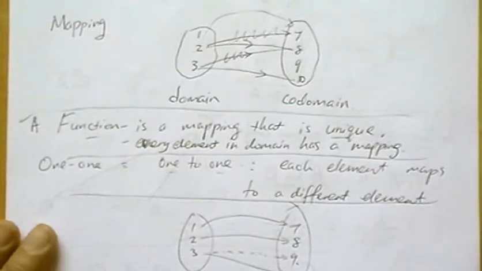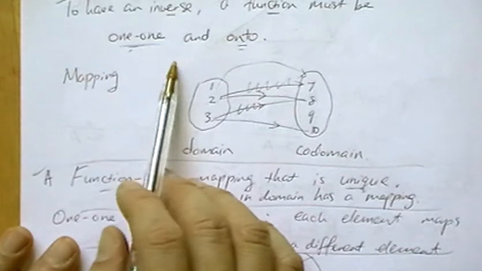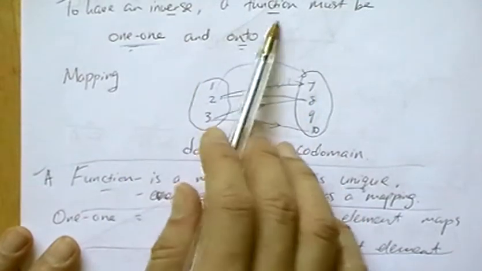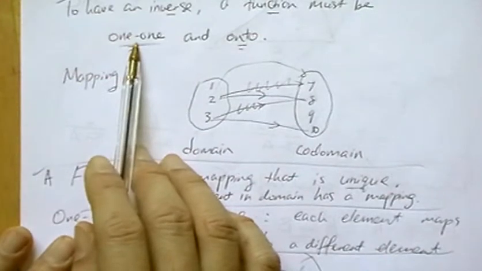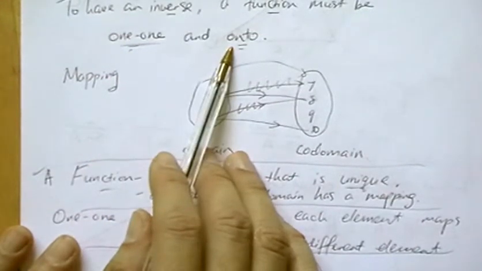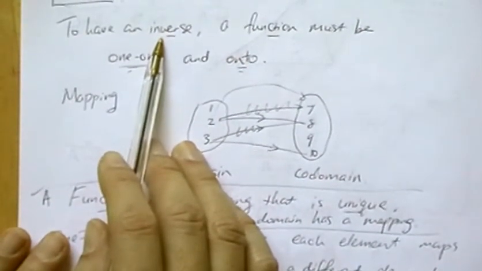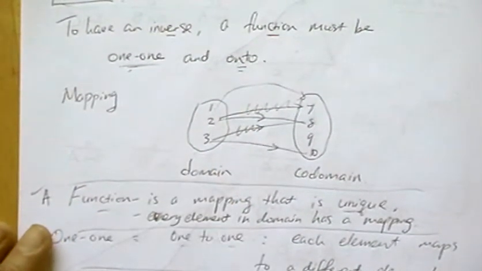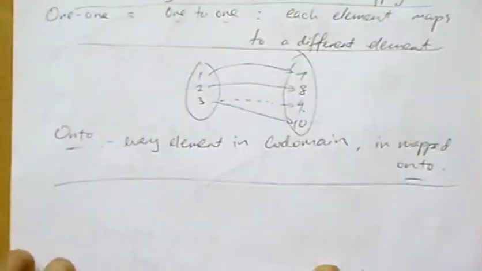Now that seems simple enough, except that if the starting mapping is not 1-1 and onto, it turns out that the inverse mapping is not a function. So let's see why that is the case.